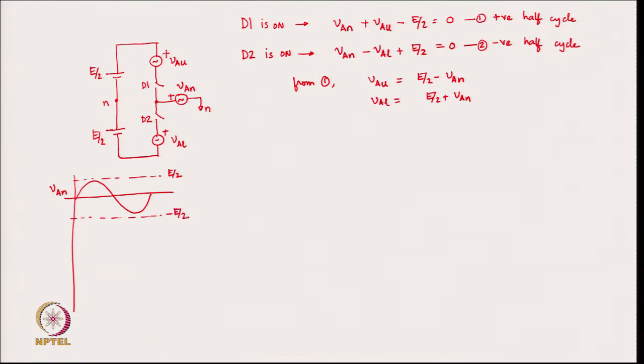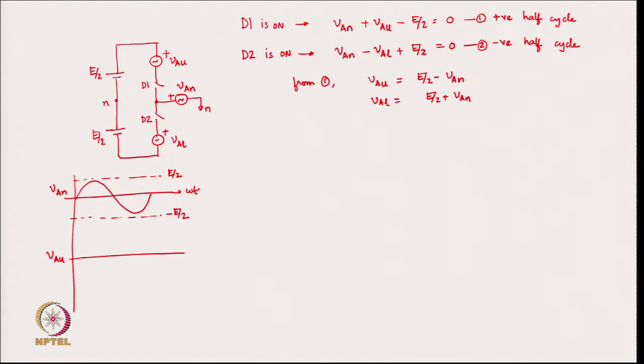Therefore, how should we draw the VAU voltage? If you see here the VAU voltage, this is omega t.